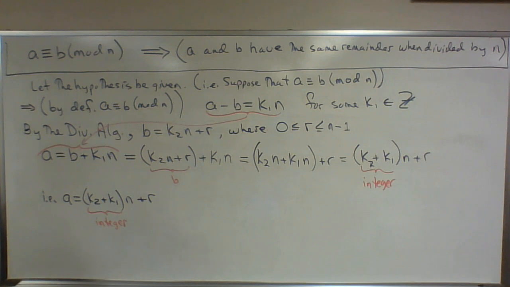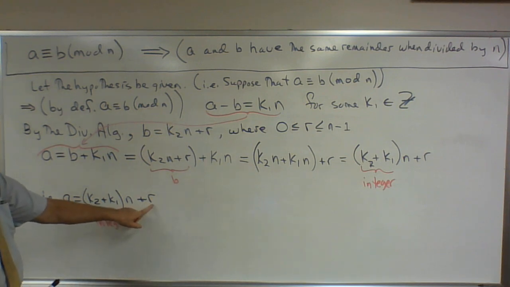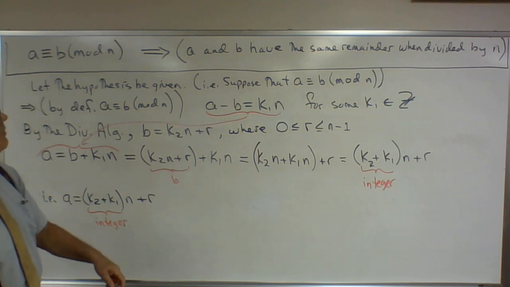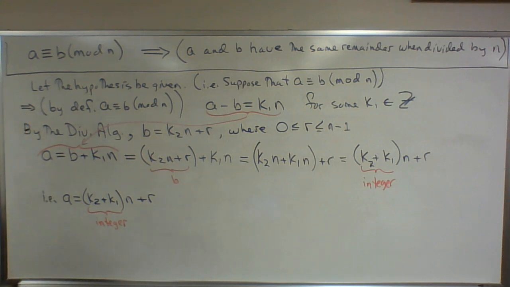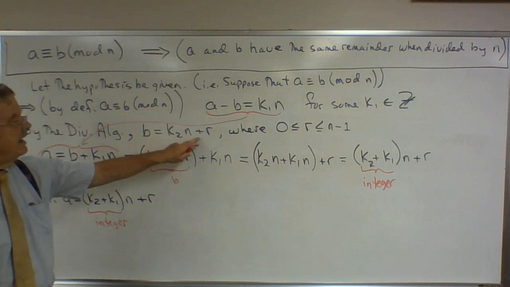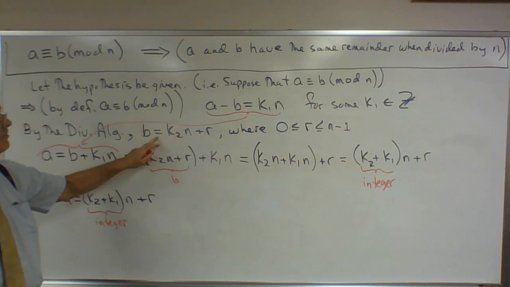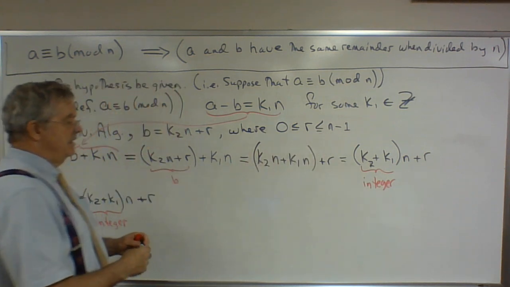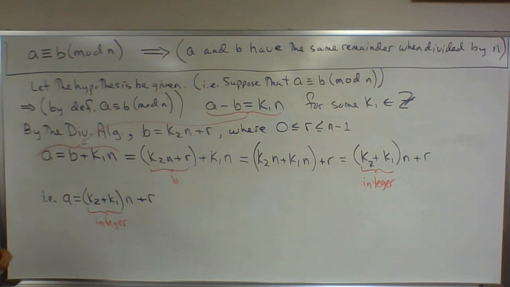And notice, this is the same R that, my goodness, this is the same R that we got when we applied the division algorithm to B. So R is between 0 and N minus 1 inclusive.